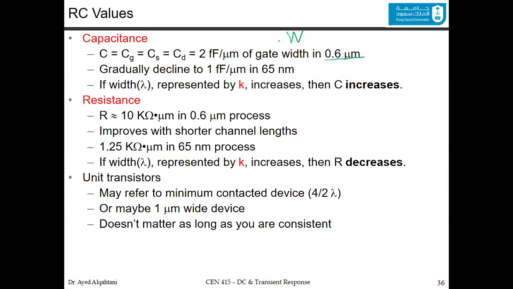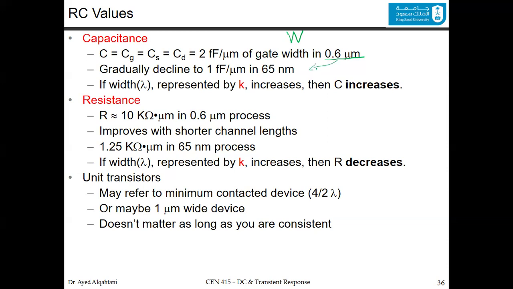We talked about the relation between the width and the capacitance in the previous video. So if you find the width, simply multiply it by this value, which is given for every generation, and you can get the capacitance.